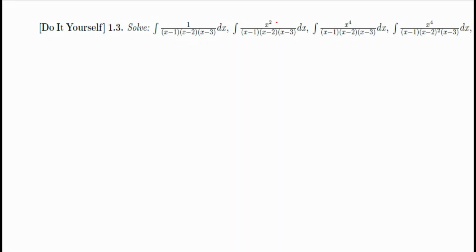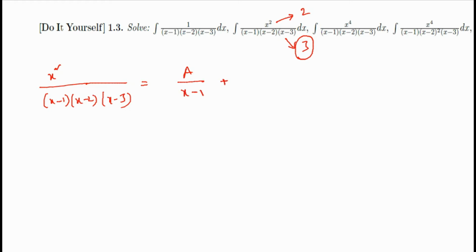Now here we need to check that the numerator has degree 2 and the denominator has degree 3. So the denominator is greater than the numerator, that means we can use partial fraction, and we will just again write it down: x square by (x minus 1)(x minus 2)(x minus 3) equal to a by x minus 1 plus b by x minus 2 plus c by x minus 3.